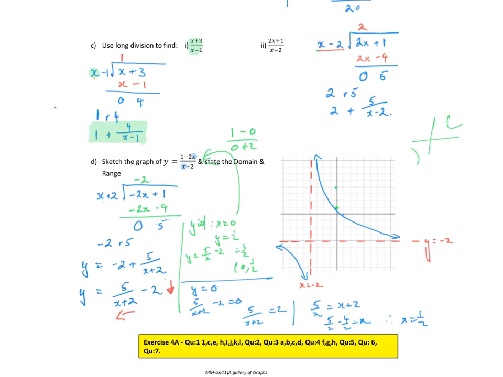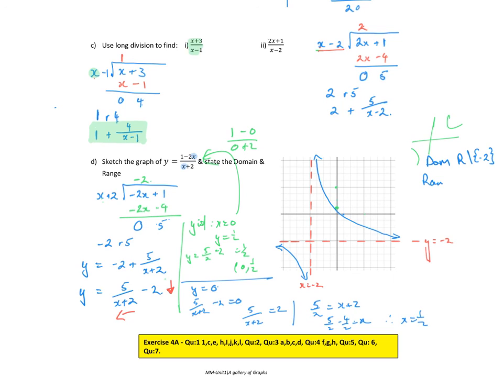Okay, and importantly, especially given our current emphasis on domain and range, what is the domain and range of everything? The domain is all the x values, and I can have all the x values except for -2. And my range, I can obviously have all those y values, so let's just pick a nice different colour there.